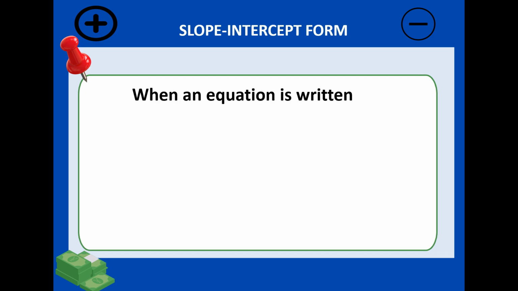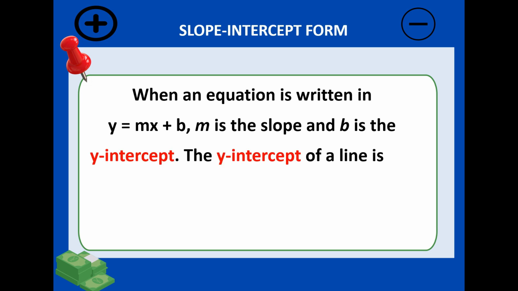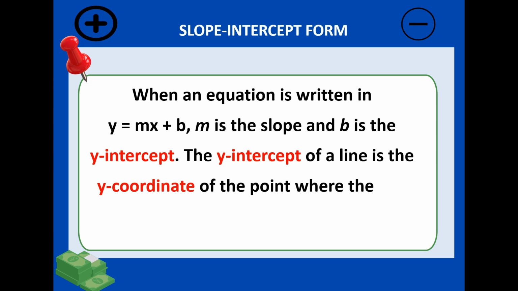When an equation is written in the form y = mx + b, m is the slope and b is the y-intercept. The y-intercept of a line is the y-coordinate of the point where the line crosses the y-axis.